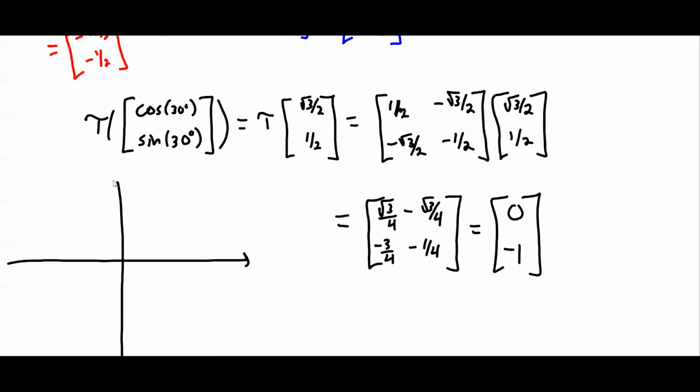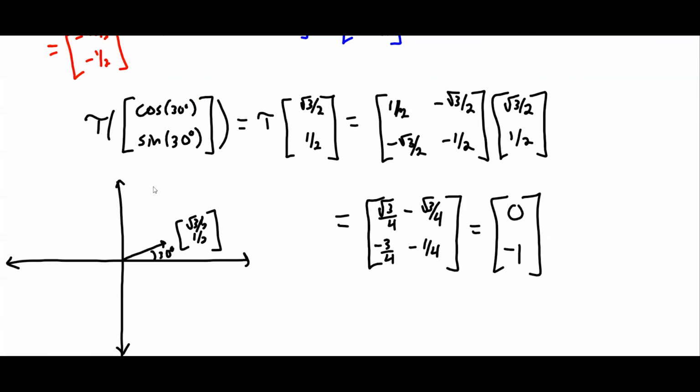So my vector that I plugged in, this root 3 over 2, 1/2, it's this vector on the unit circle at 30 degrees. So this is 30 degrees. This is our square root of 3 over 2, 1/2 vector.